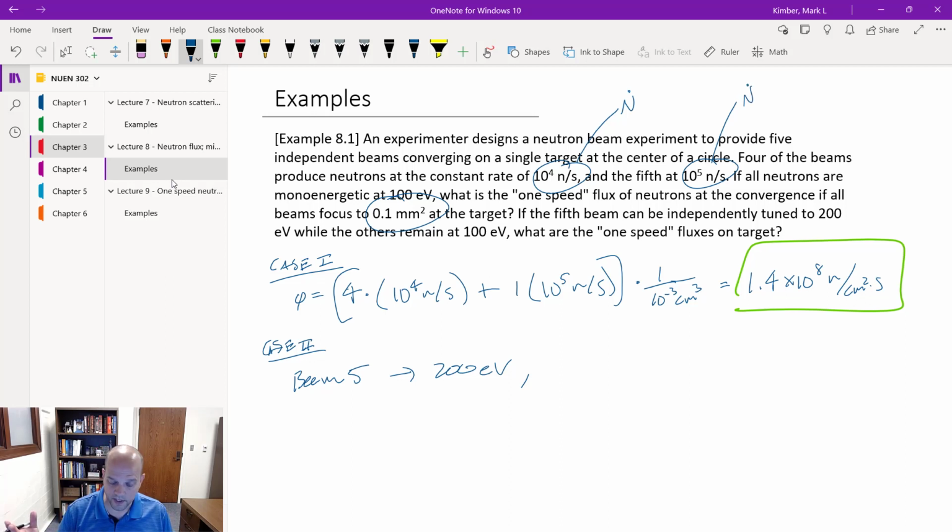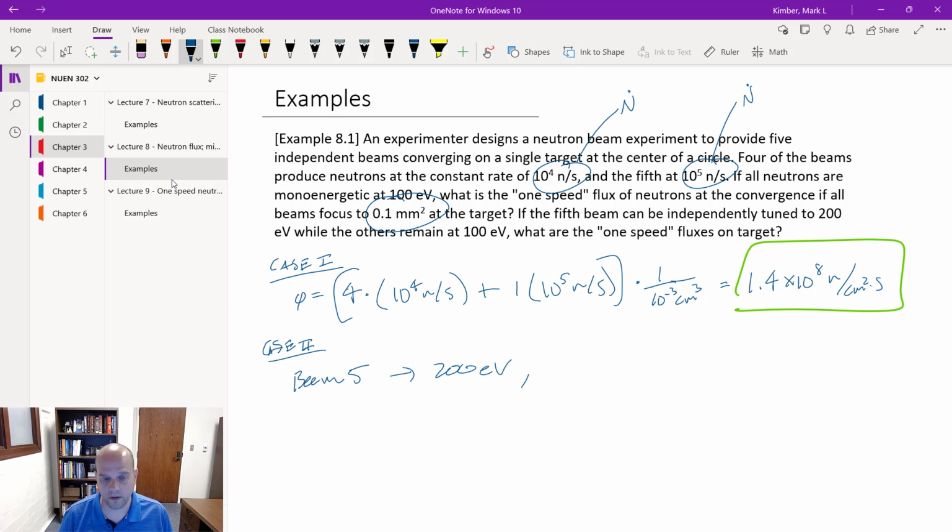Just because we increase the energy, so increase the speed of that 5th one, it didn't say that we also increase that n dot. And if we're not increasing the n dot, if we're not increasing the number of neutrons every second, yeah, they might be coming in higher, but they're not coming in more often. They're coming in at the same rate, 10 to the 5th neutrons per second.